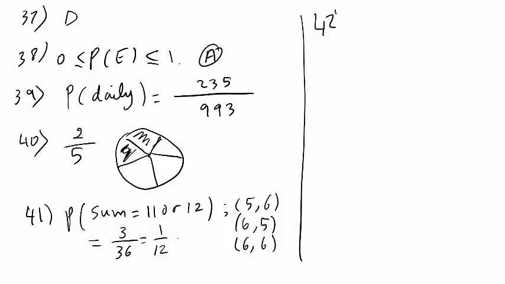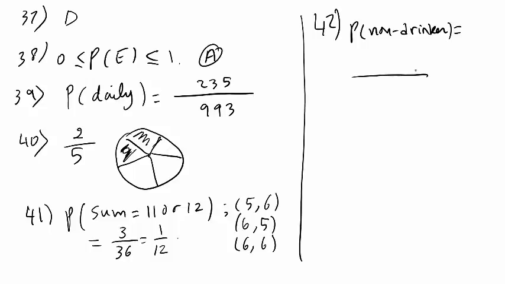42. The table lists the drinking habits of a group of college students. If a student is chosen at random, what's the probability of getting someone who is a non-drinker? Probability of non-drinker equals. It's going to be a ratio again.